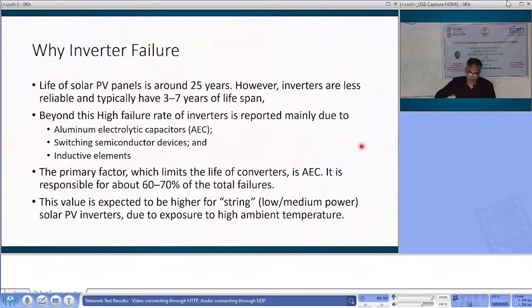Beyond this high failure rate, inverter failures are reported mainly due to aluminum electrolyte capacitance. Then there are chances that switching semiconductor devices fail or inductive elements fail. The primary factor which limits the life of a converter is AEC, aluminum electrolyte capacitance. It is responsible for about 60 to 70% of the total failures.